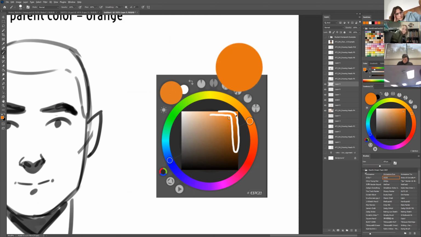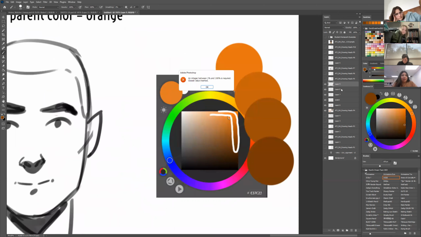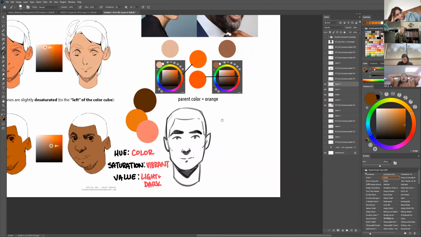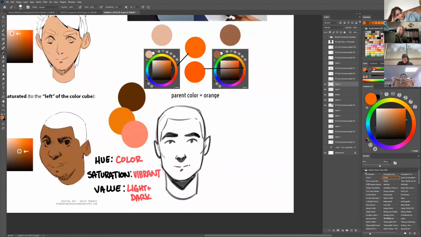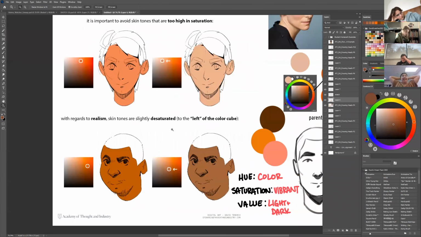It looks like this, like this, like this. So skin tone is not that saturated. It's going to look more like this. So that's what the handout says. Skin tones are slightly desaturated.